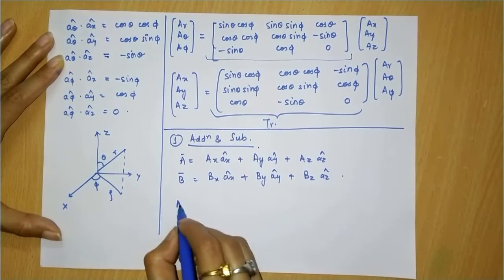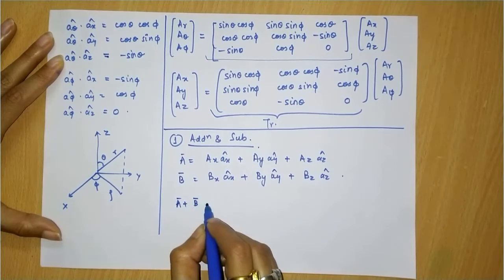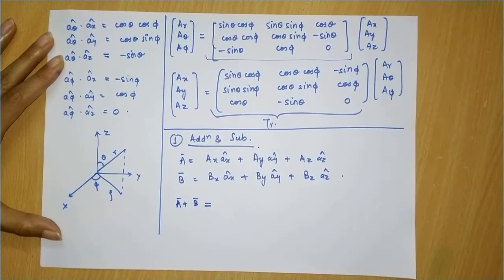Then A vector plus B vector: as each component is independent of the other component, we have to deal with each component independently.